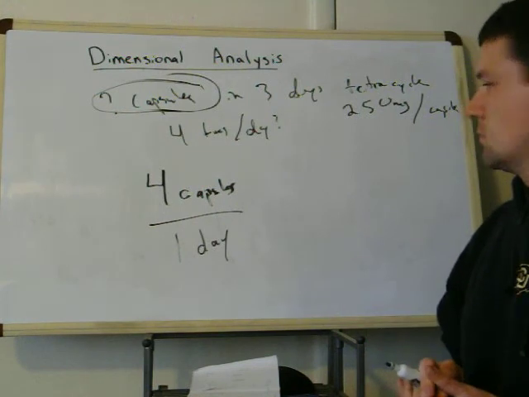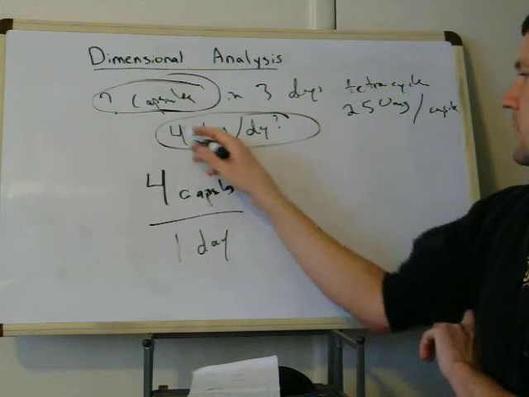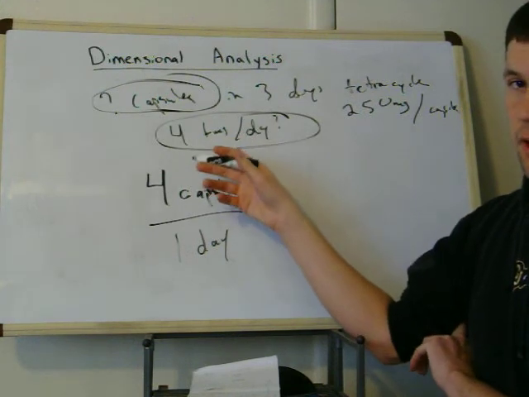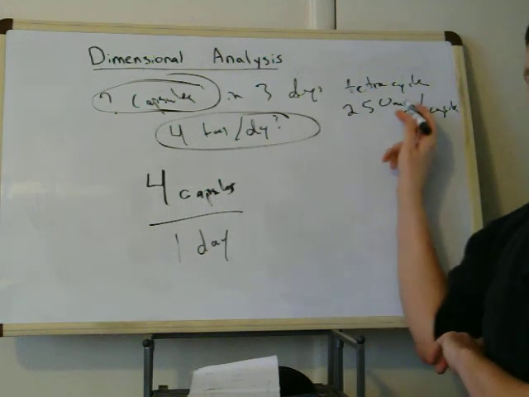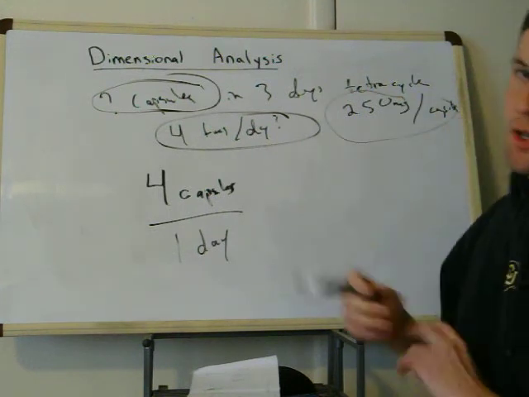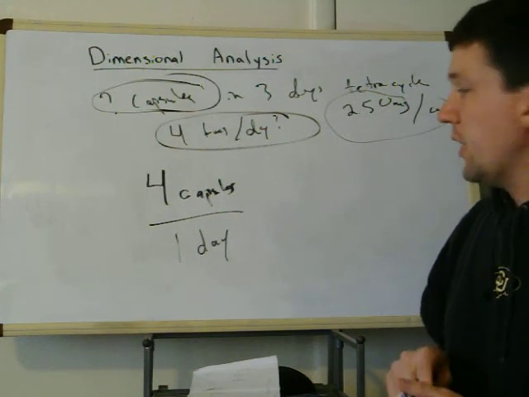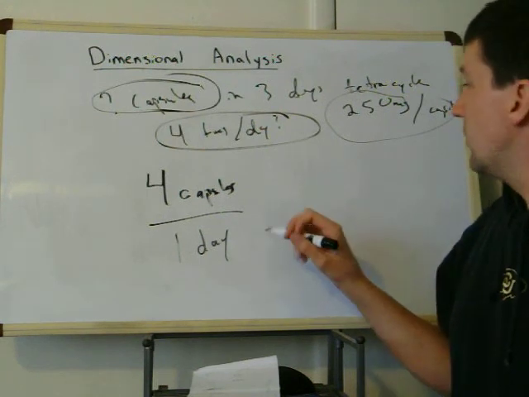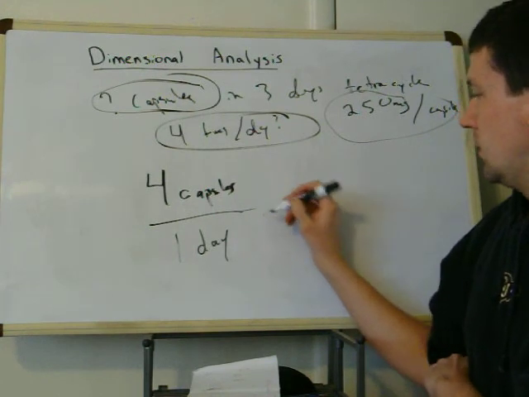We know that from this four times, that's 4 capsules per day. This 250 milligrams per capsule, we actually don't need to worry about. We can throw it in there, but it'll just get canceled out.